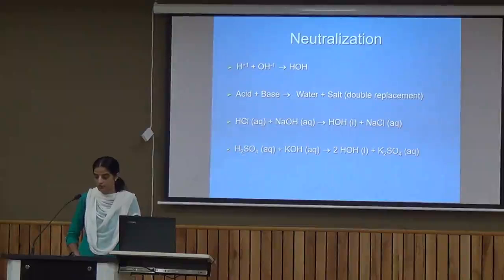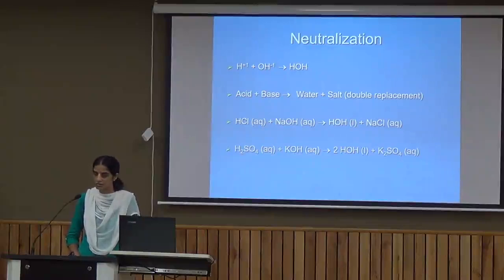From HCl we have taken chlorine, and from sodium hydroxide we have taken sodium. So the substance formed is sodium chloride, and along with it water will be formed. So these are examples of neutralization, and this type of reaction is called double displacement.